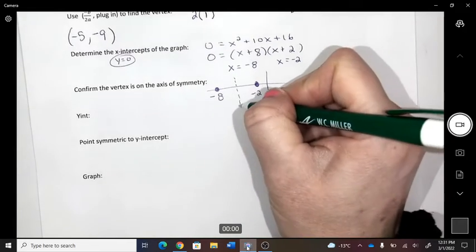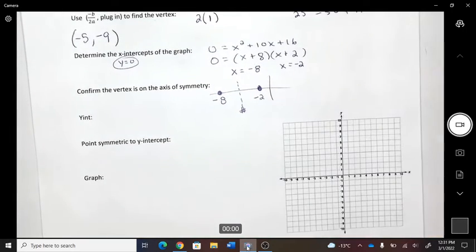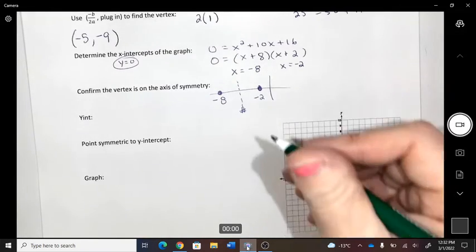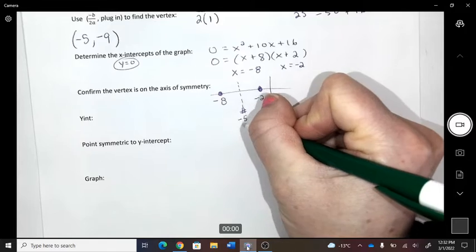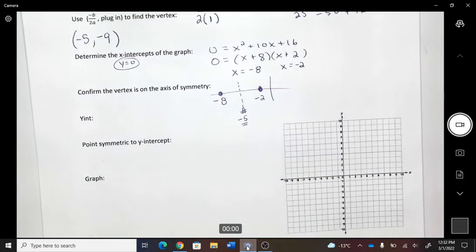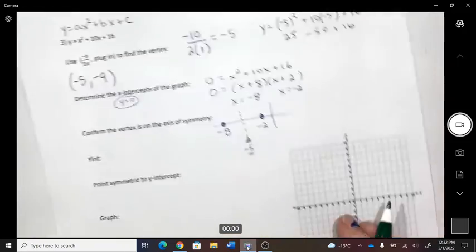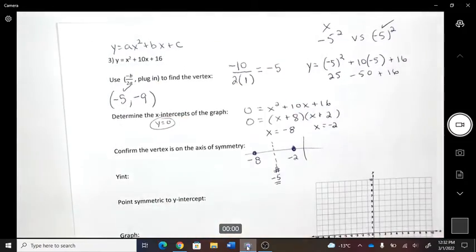So what number on the number line would fall right in the middle? Is it negative 5? Yep. Okay, negative 5 would fall right in the middle, which would confirm with my vertex, right? Because my negative 5 was my X value of my vertex.